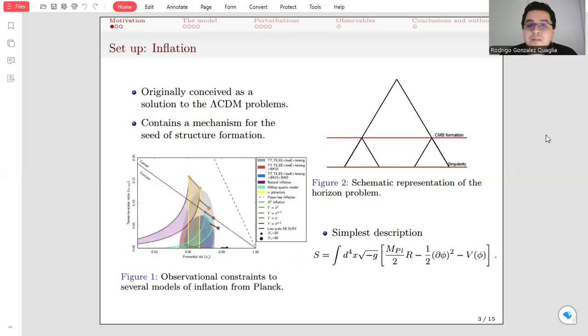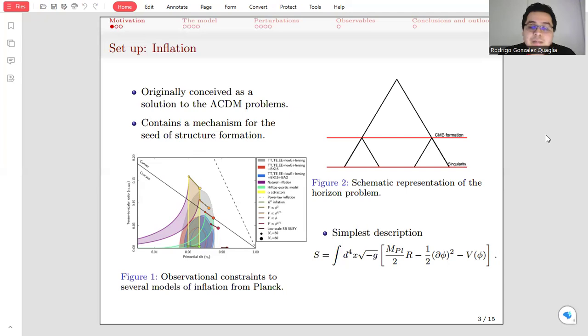In order to set up the stage, we know that inflation has become the most widely accepted mechanism for the description of the early universe, although it was first conceived as a solution to some of the lambda CDM puzzles, among others, the horizon and flatness problem. Indeed, in figure 2, we are seeing a schematic representation of the horizon problem.